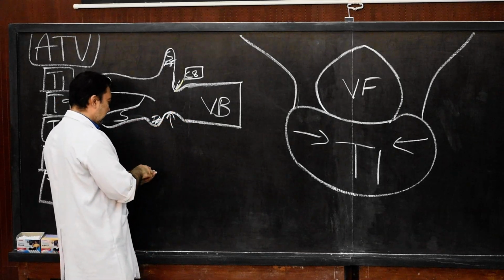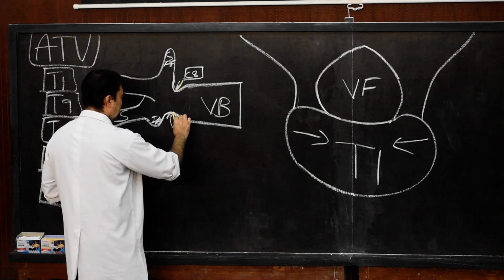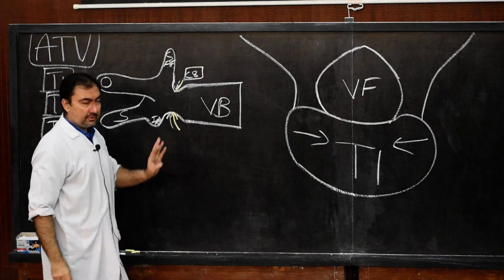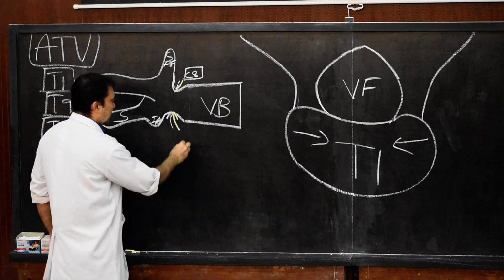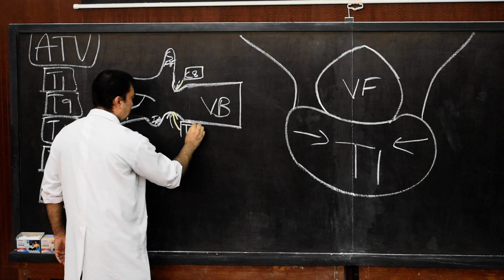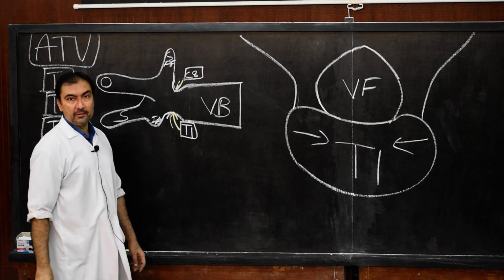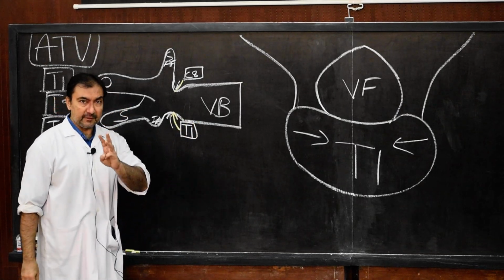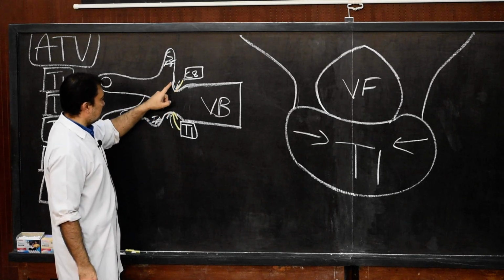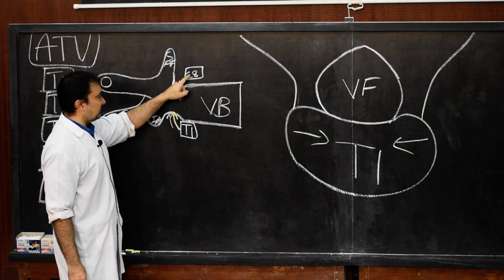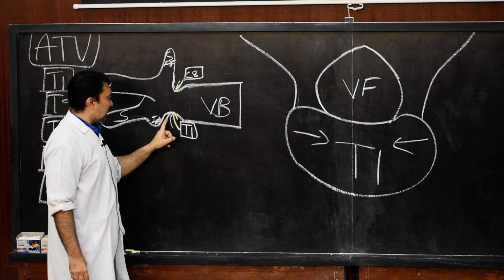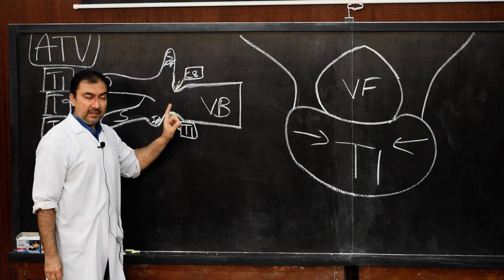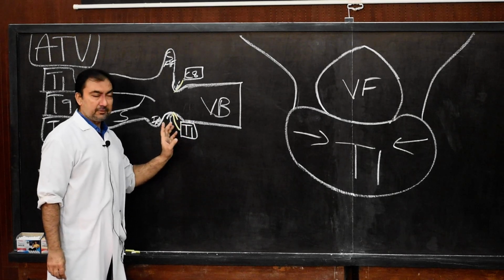From the inferior vertebral notch, it will allow the passage of the first thoracic spinal nerve, so the T1 nerve. This is the third difference. So remember, the superior vertebral notch of T1 will allow the passage of the 8th cervical nerve, and the inferior vertebral notch of T1 will allow the passage of the first thoracic nerve.